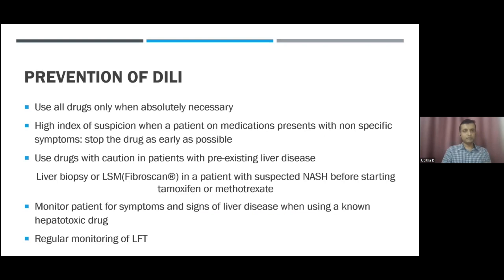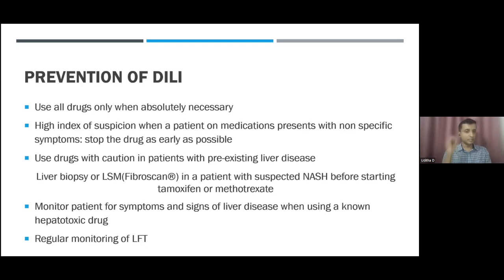So how do you prevent drug-induced liver injury? Use all drugs only when absolutely necessary, especially in patients with pre-existing liver disease. And you have to have a high index of suspicion, because sometimes the patient's liver biochemistry may already be altered. Also, there are certain tests you can do before starting the drug, which might help to find out whether it's suitable for the patient or not.